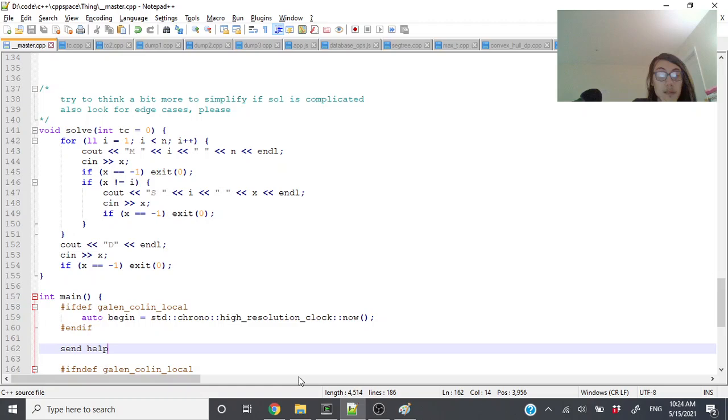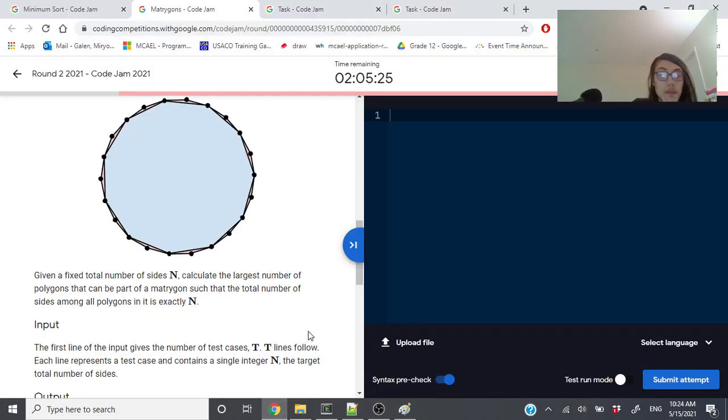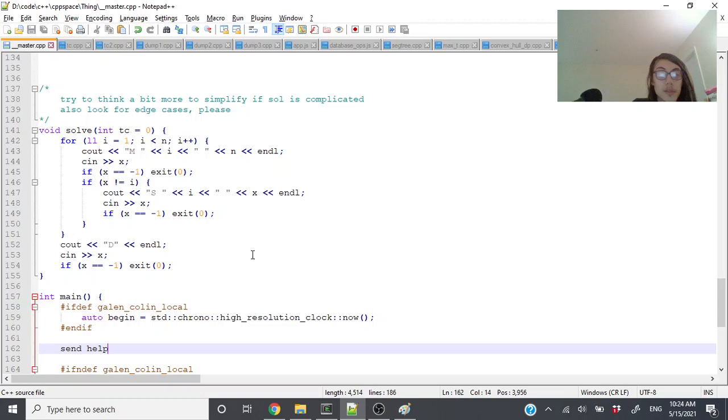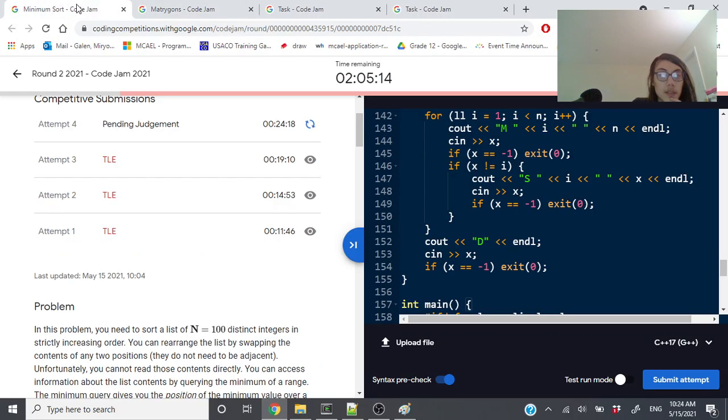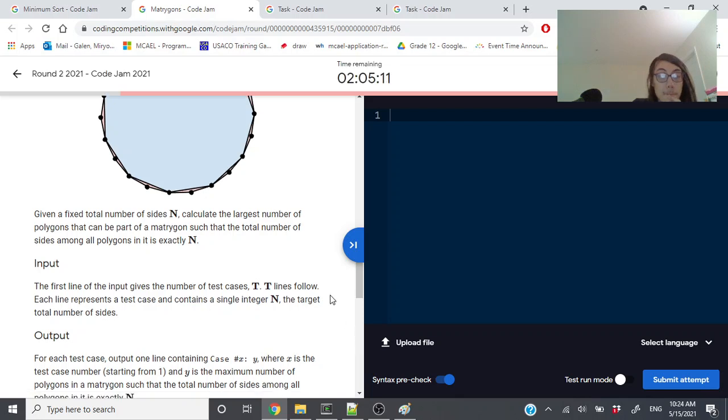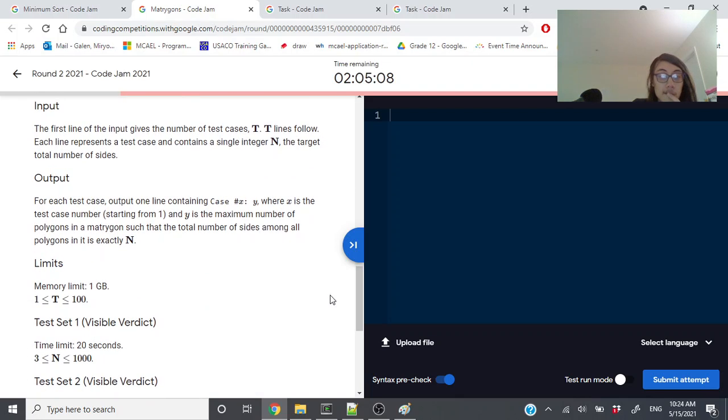Given a fixed total number of sides n. Okay, I shouldn't get TLE anymore. Now I'm like actually doing the breaking if x is -1. Part of Matrygons, since the total number of sides among all polygons in it is exactly n. Yep. So, considering some number, how many like distinct things can we actually get?